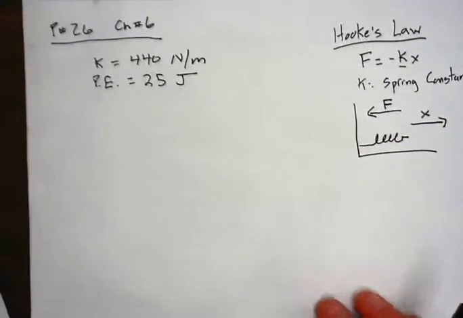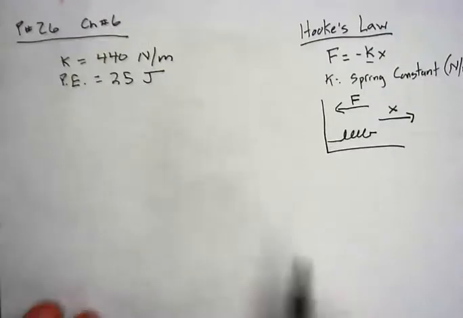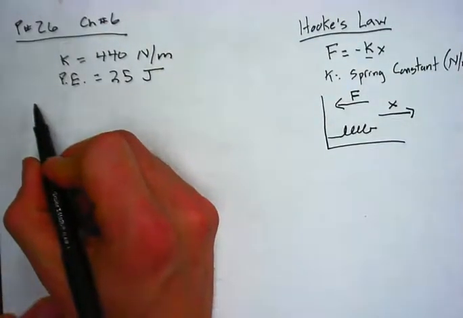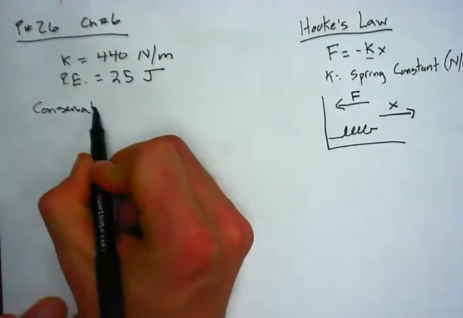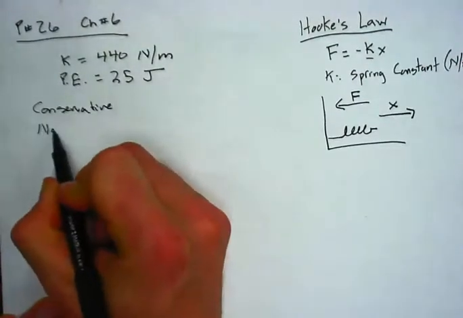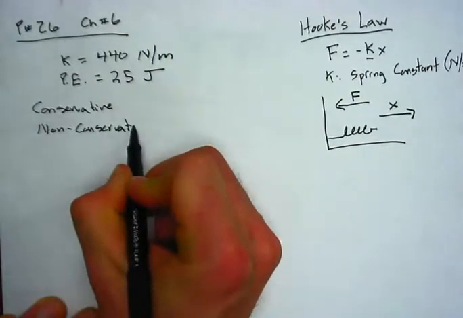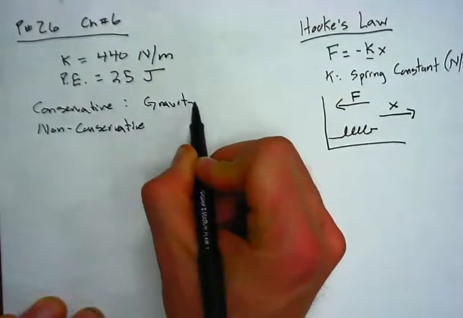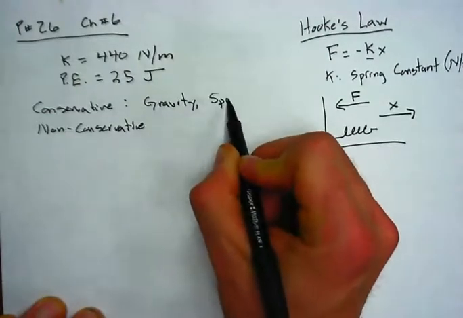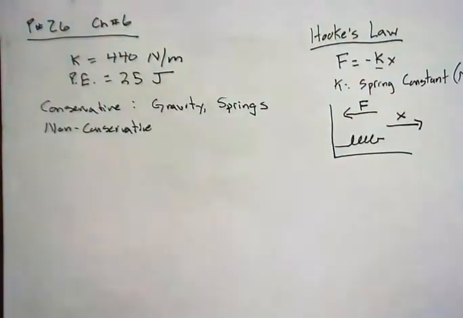So back to here. Let's talk about forces. There are two types of forces we come across: conservative forces and non-conservative forces. A conservative force is a force like gravity or springs, where if you do work against the force, the energy gets stored.